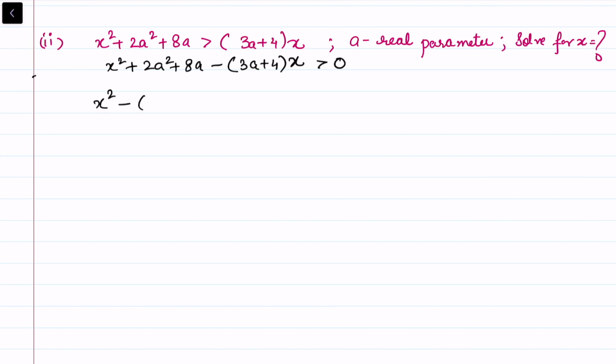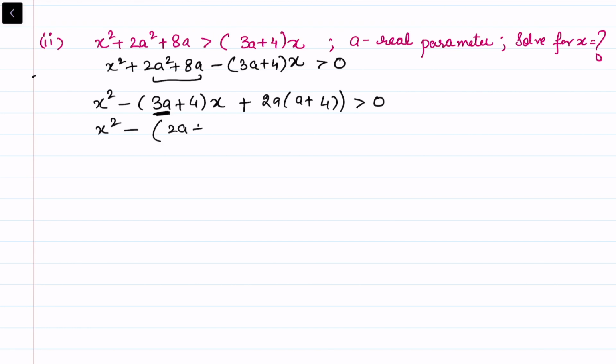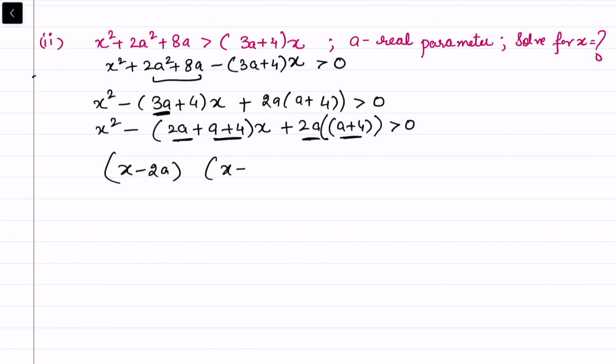Rewriting this as x square minus (2a plus a plus 4) into x plus 2a into (a plus 4) greater than 0. So we can see that a plus 4 is here, 2a is here, and it is a product of these. So we can make the factors. We will get (x minus 2a) into (x minus (a plus 4)). I have directly made the factors now.